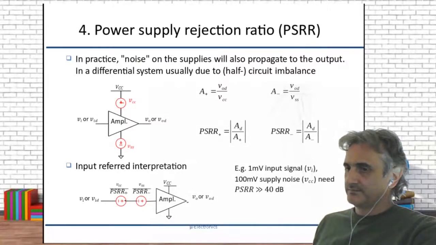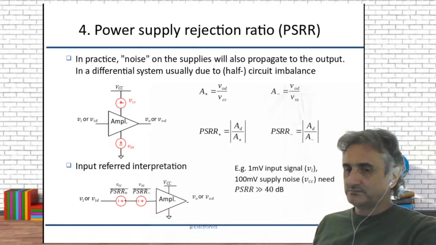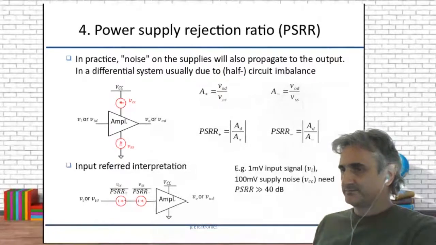In fact, much higher, because otherwise the signal will overlap. Most probably that would be 80 dBs.